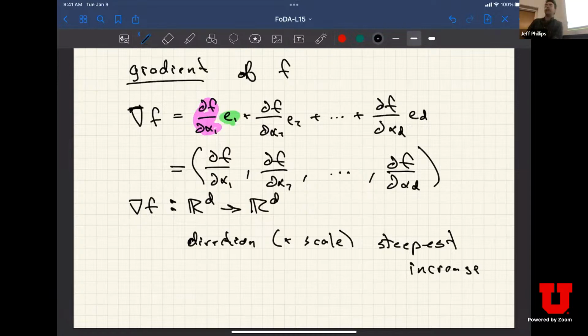If I have a function, it's a bit hard to draw now because I need to think of a function in at least 2 dimensions, it's going to point in the direction where the function value is increasing the most. And so to decrease, I want to take the negative of the gradient. We'll see that next time. But the gradient will tell me the direction of things increasing the most.